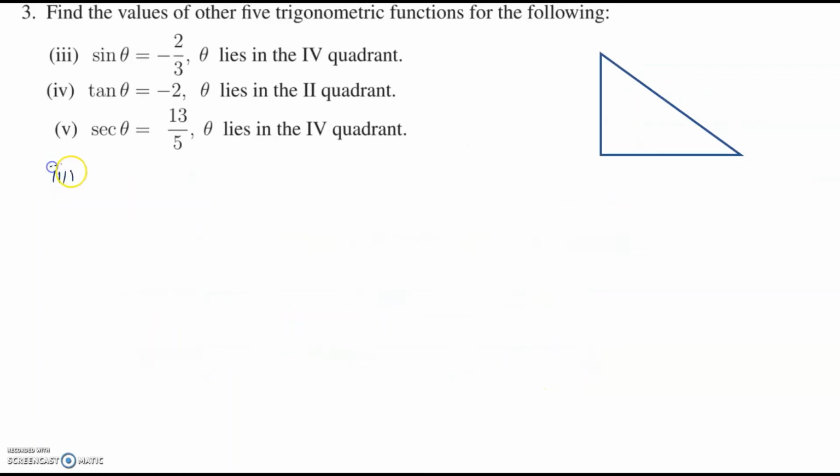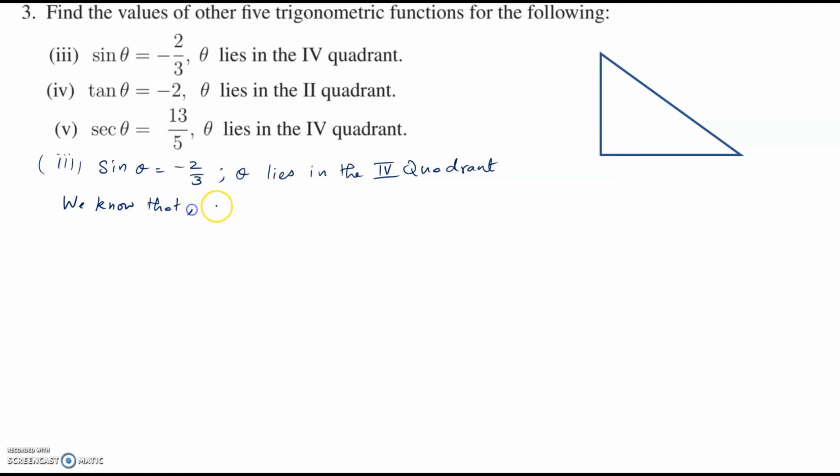Question number 3. Given to us sine theta is equal to minus 2 by 3 and theta lies in the fourth quadrant. We know that cos theta and secant theta are positive in the fourth quadrant.